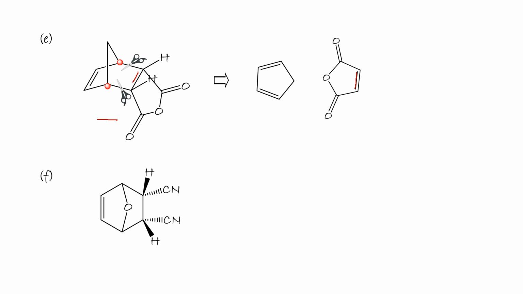I draw it this way, so that's the dienophile, and this part, which is the electron withdrawing group, will be endo. For this particular molecule, here is 1, here is 4, cut in here, cut in here.